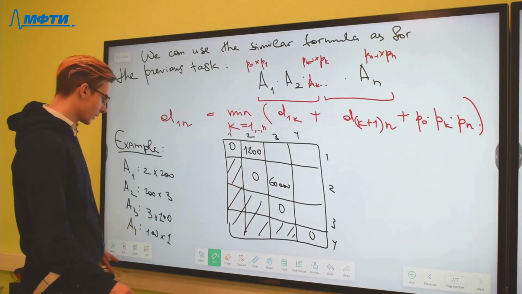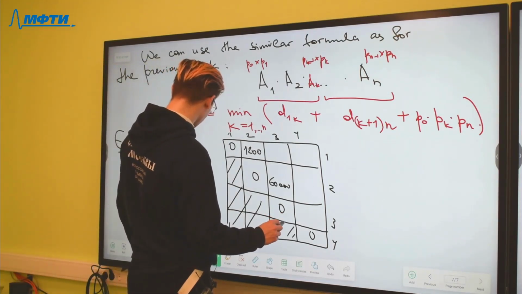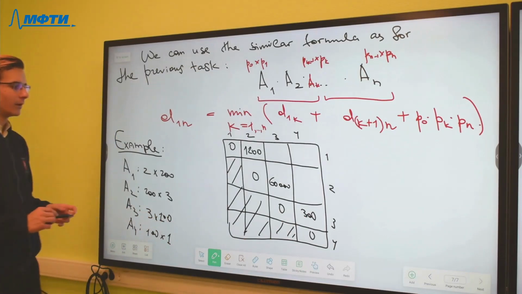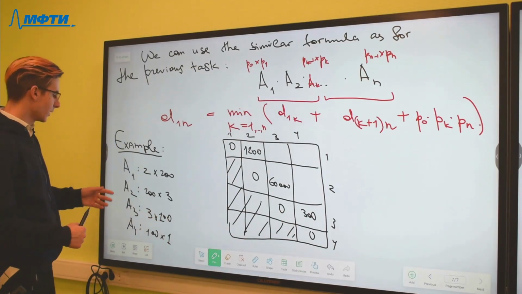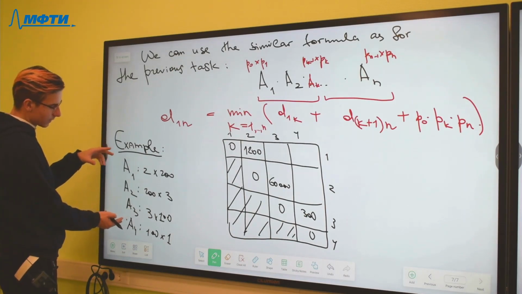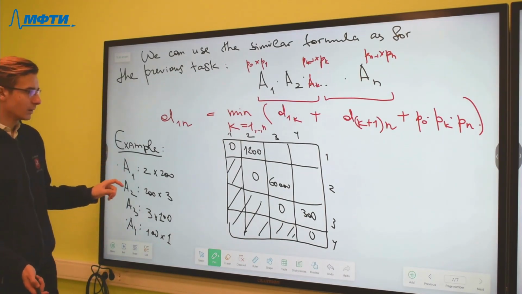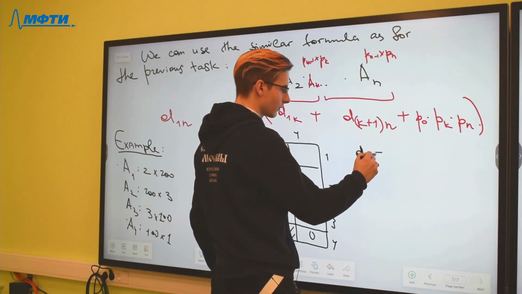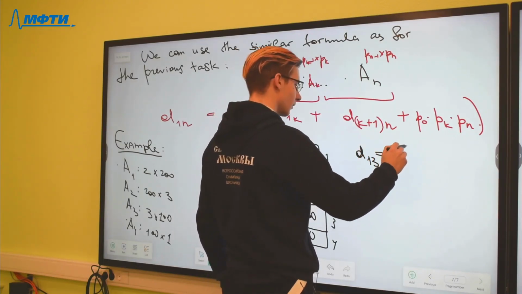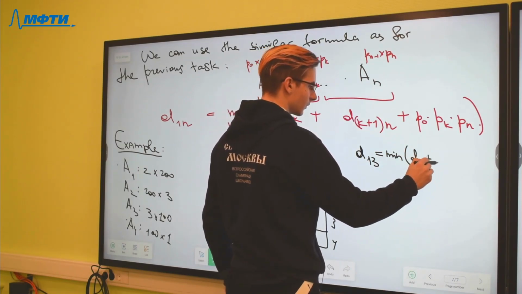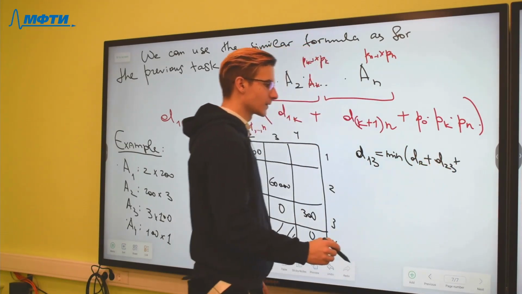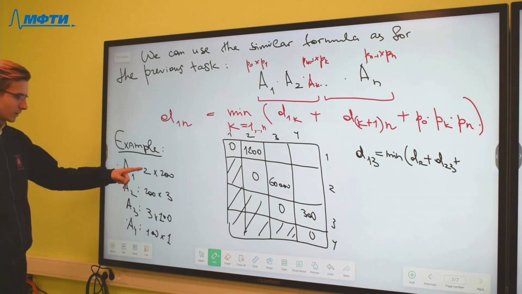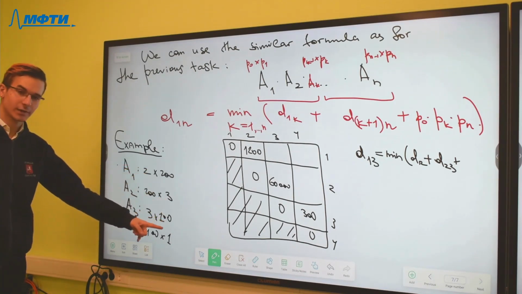And for this we got only 300. And then to understand how we can compute easily this task, we see that we can divide D13 as the minimum of D12 plus, if we divide here, plus 2 multiplied by 3 multiplied by 100.